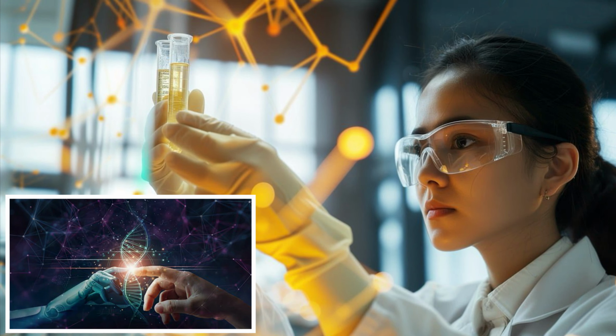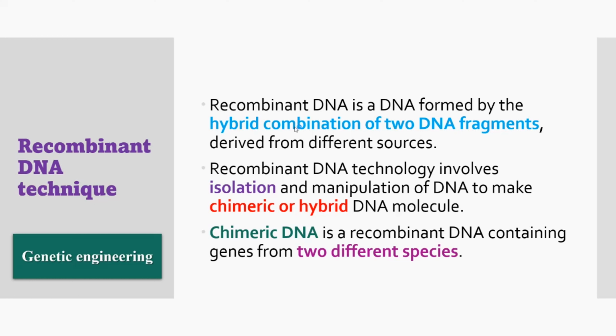First and foremost, we are going to study recombinant DNA technique or technology. This is also known as genetic engineering because we are going to do some modification in the DNA by combining DNA of two different sources in a suitable vector, thereby altering the gene expression.